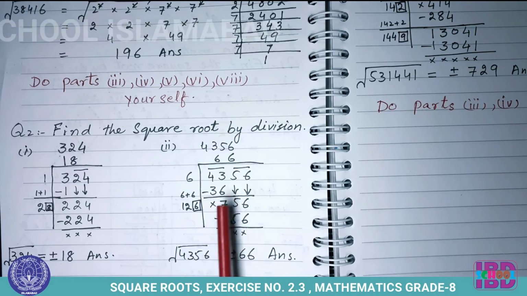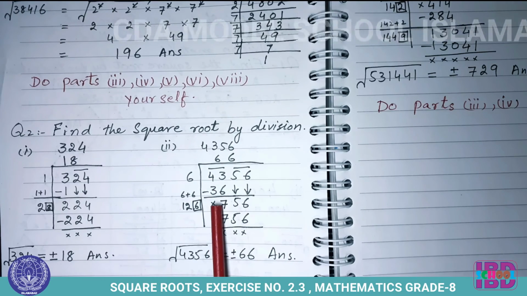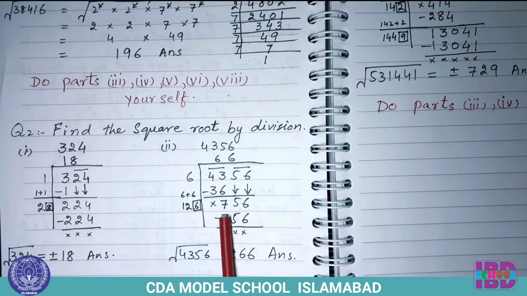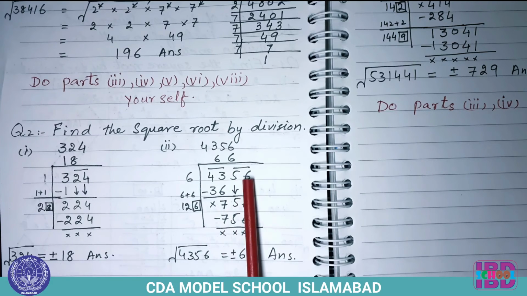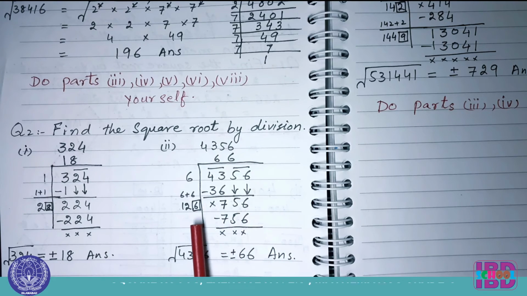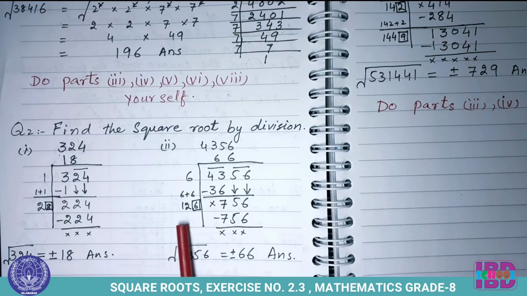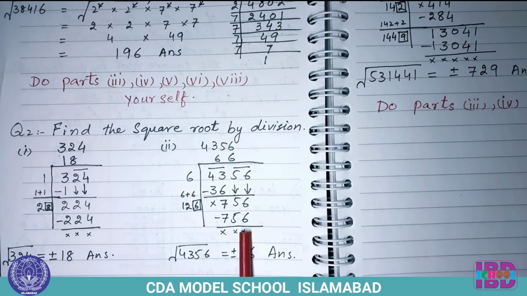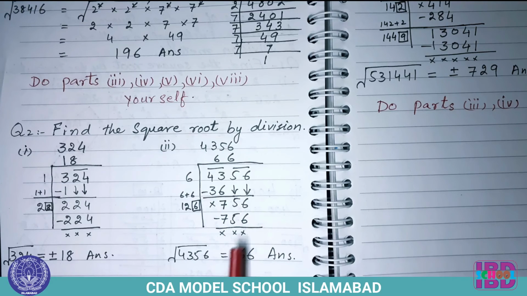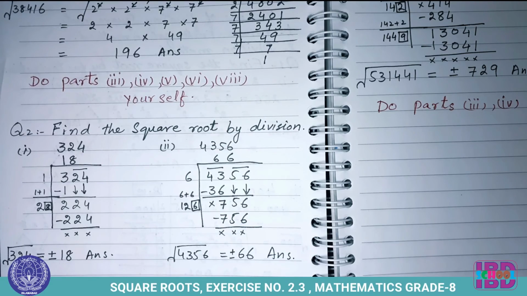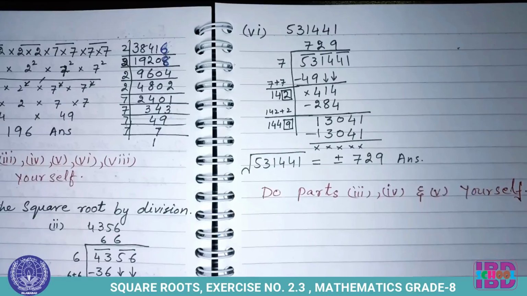Now subtract the product, which is 43 minus 36 is equal to 7. We got the pair 56 down. The number becomes 756. Here we find the number to become the new digit in the quotient, that is 126 into 6 is exactly equal to 756. Hence the square root of 4356 is 66.